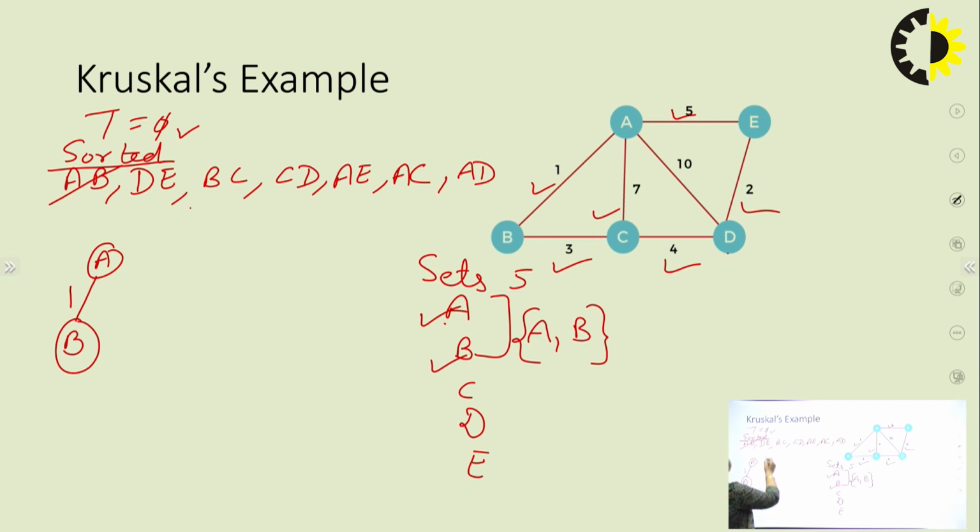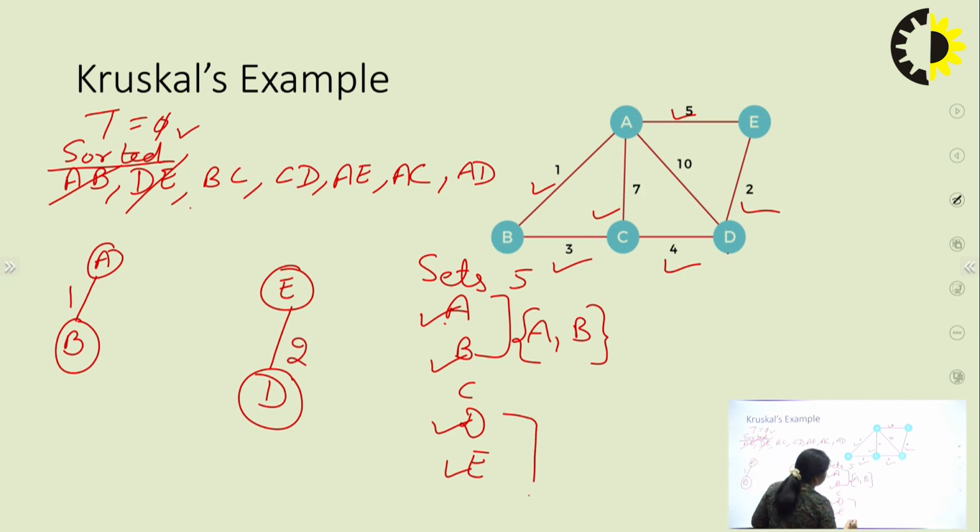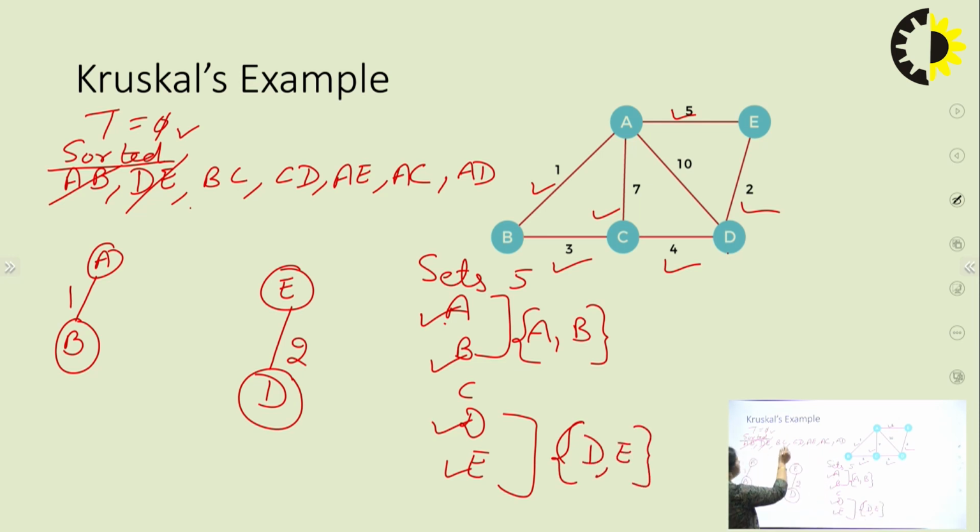What is the second edge? DE. D is having two costs. So D and E. Let us check. D is here, E is here. Both are in different sets, so we can add it to the spanning tree. So this is D and this is E. These can be added to the spanning tree with cost 2. Now what to do? Take the union of D and E. What is the next minimum edge?